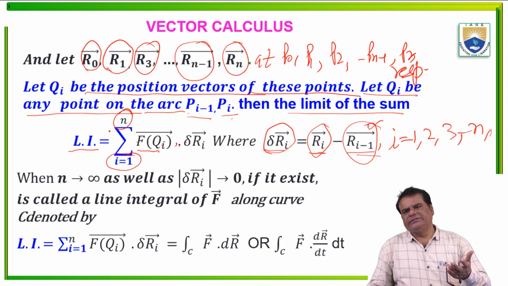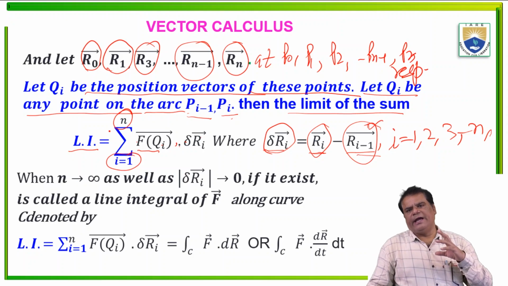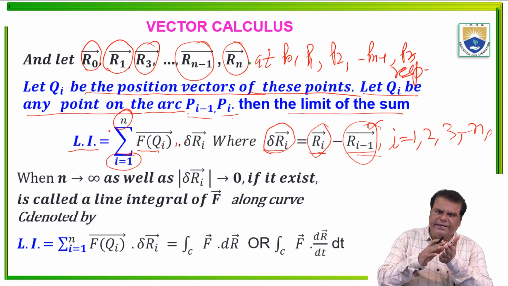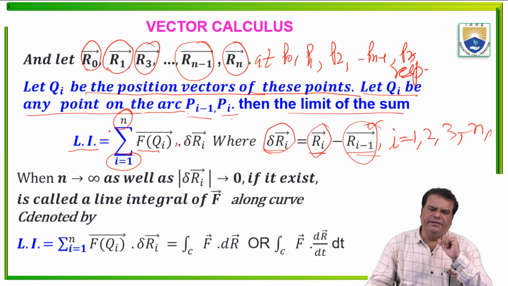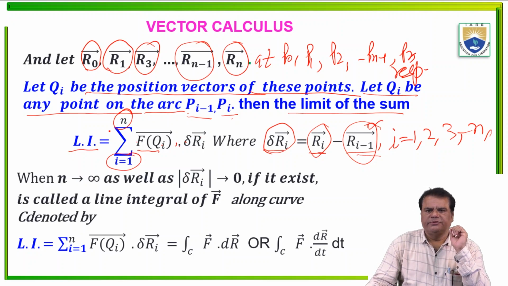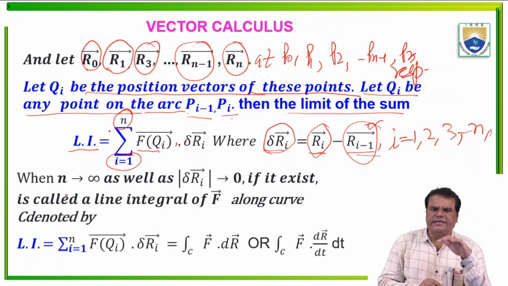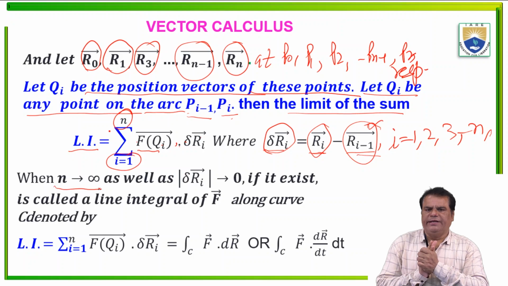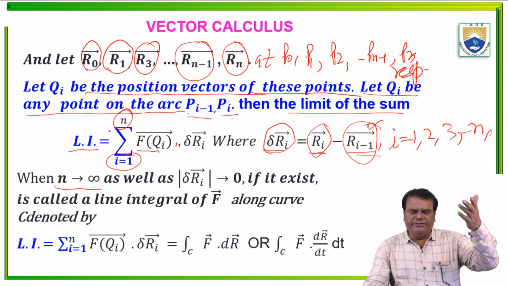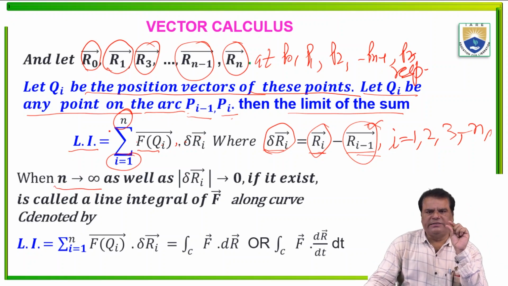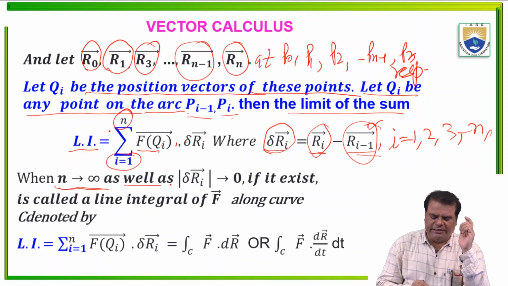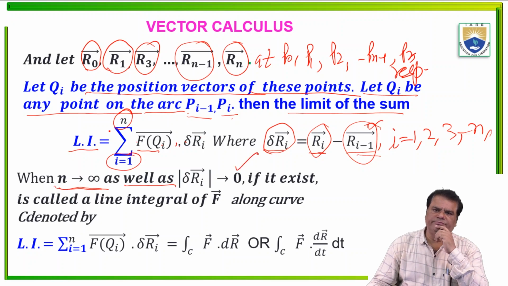There are n partitions from A to B. We are taking n points from A to B. When we take infinite points between A and B, the distance between two points is very, very small. Here n is the number of points between A and B. When the number of points increases, the distance between two points decreases. So n tends to infinity as well as delta ri tends to 0.